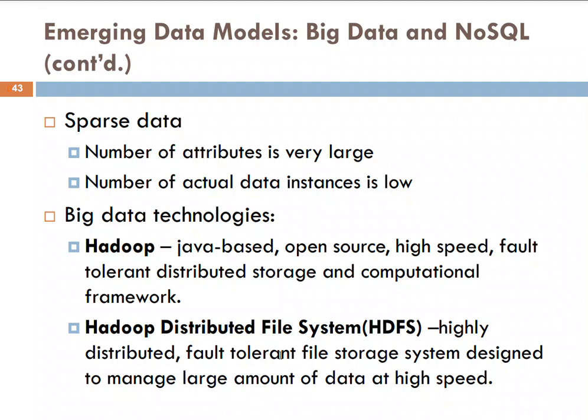Dia highly distributed, maksudnya mungkin server yang menyimpan data tu bukan hanya satu tapi a few servers dalam keadaan yang distributed, not in one place. Okay. Then dia can tolerate fault. Dia adalah satu file storage system yang memang direka cipta untuk handle, okay, to manage large amount of data, maksudnya untuk proses data pada kelajuan yang sangat cepat lah. Okay.